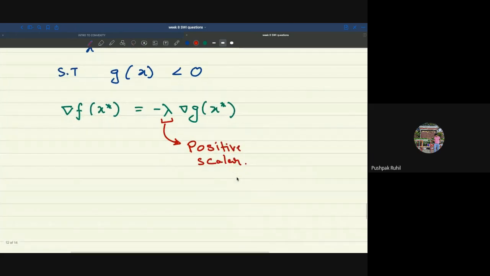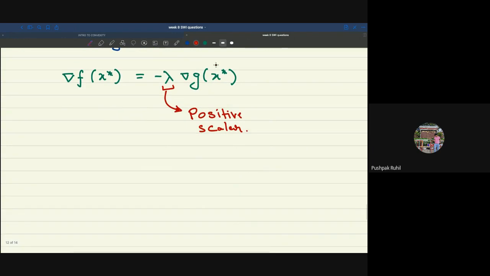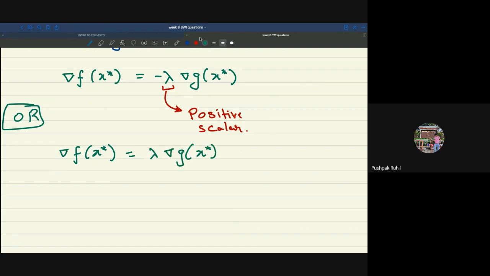So if you want to drop this negative sign, you can do that as well. I'll write it: this would be equal to your lambda del of g of x star. But in this case, this would be a negative scalar.